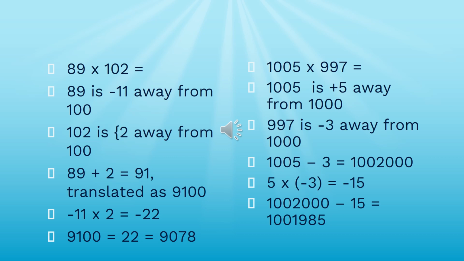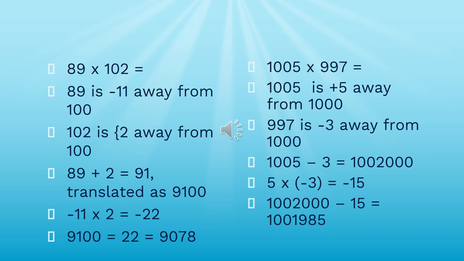Next example is 1,005 times 997. 1,005 is plus 5 away from 1,000, and 997 is negative 3 away from 1,000. Doing the cross addition, 1,005 plus negative 3, which is also equal to 1,005 minus 3, is equal to 1,002.